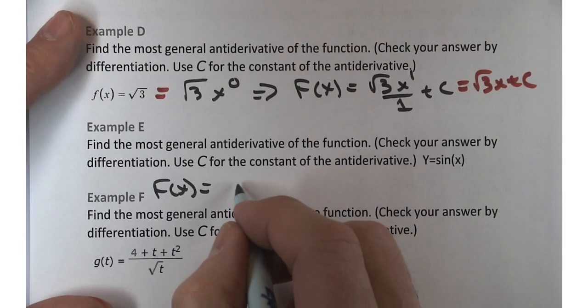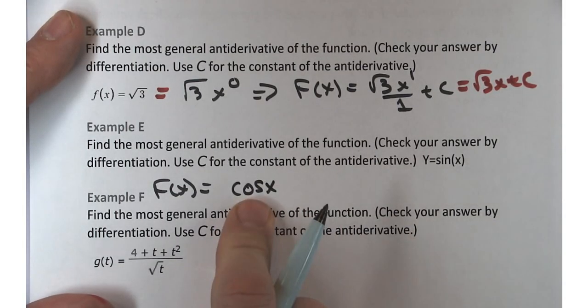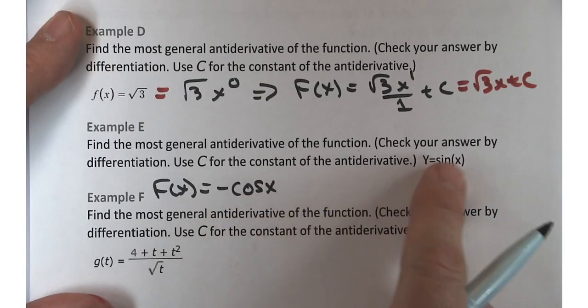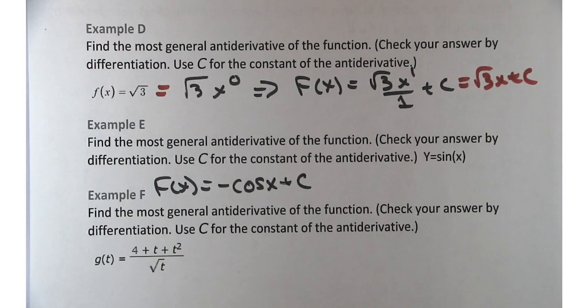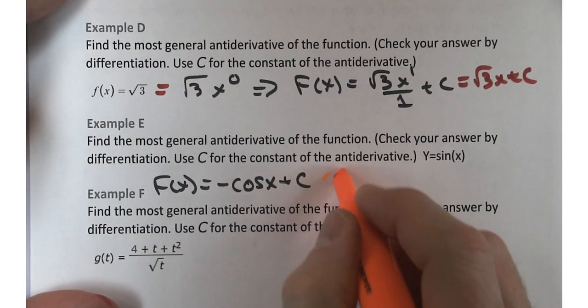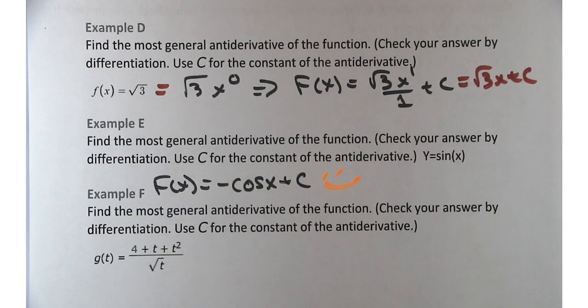Look, the way I always work these things is I just test it. Derivative of cosine would be negative sine. Well, that's the opposite of what I want. So I'll put a negative here. Derivative of negative cosine is going to be positive sine. That works. Let's not forget our constant, and yay, we're done. Nice.